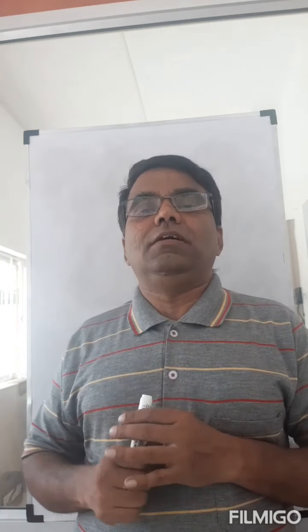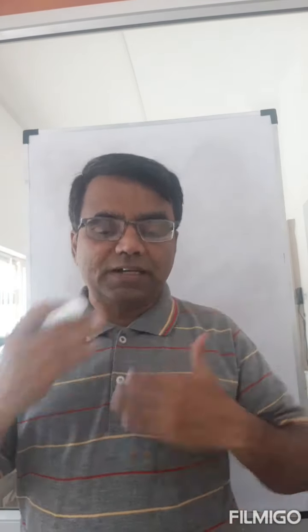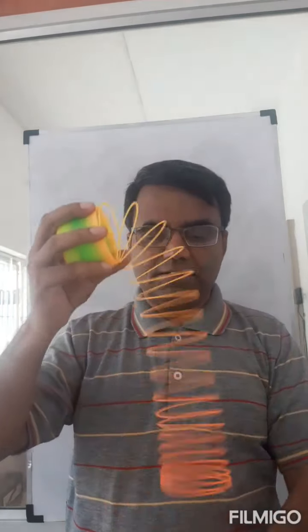Likewise, solenoid is a pipe-like structure. It is like a spring, like a slinky. So you have a current carrying conductor which is made into this shape, like a spring. Current enters from one end, travels through the solenoid and then leaves at the other end.